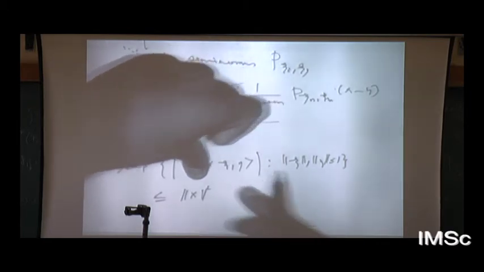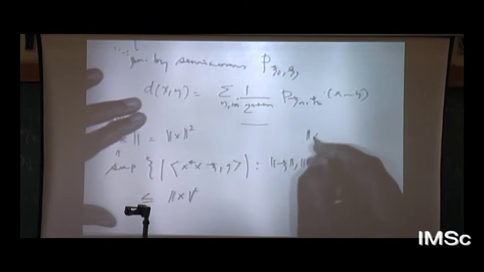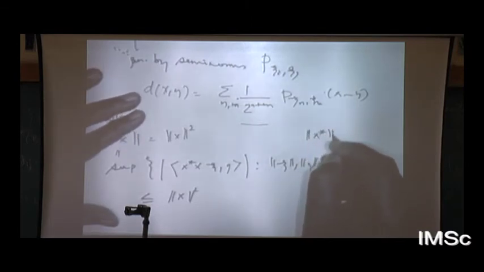So first you show that the star is norm preserving.